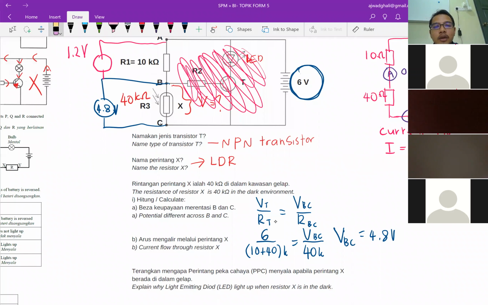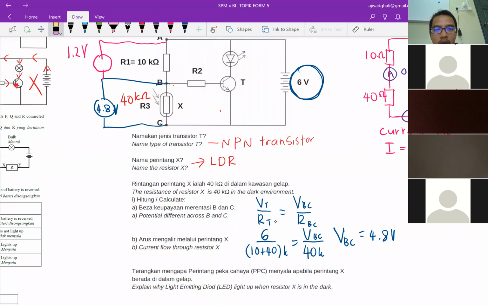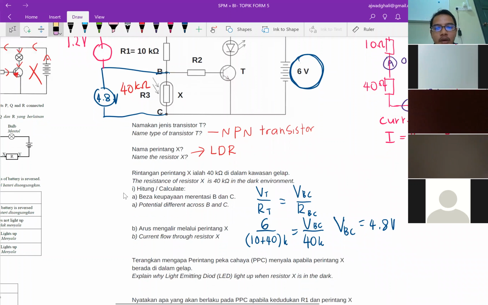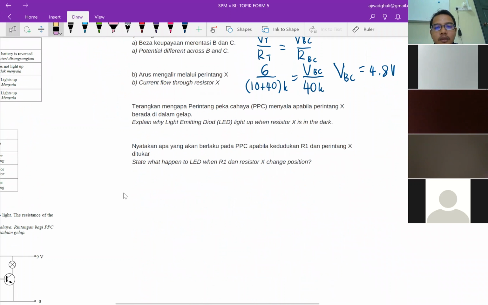I hope you understand, because most students, when they see this question, don't know which formula to use, because there's no formula taught for finding voltage and resistance in electronic. All that voltage, resistance and current is learned in the chapter on electric. So you need to differentiate between the chapter on electric and electronic.